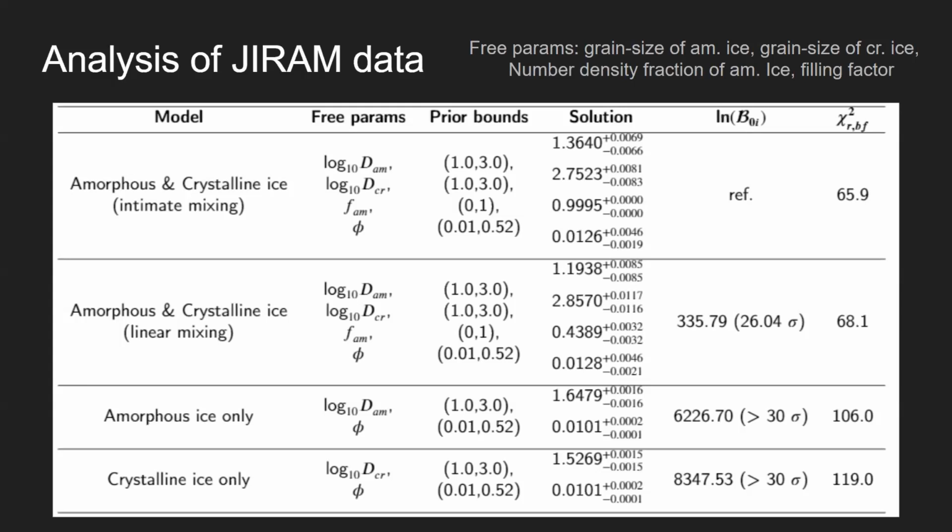The materials will be so tightly packed that you will need to take into account the diffraction happening in between their spaces. This model is only a geometric optics model, so it does not involve that as of now. So you cannot take it beyond 0.52, and that is where the upper limit comes from. Thank you.